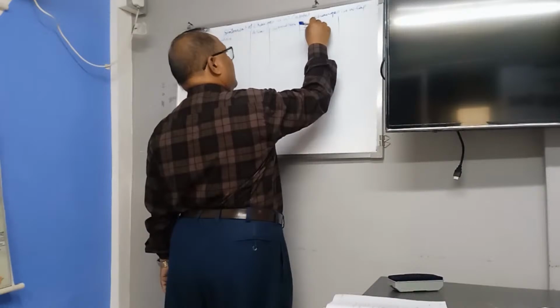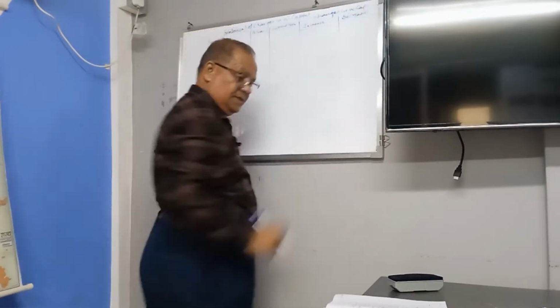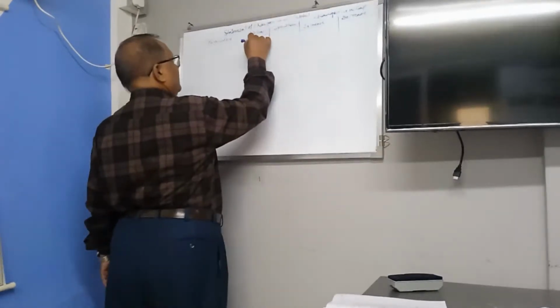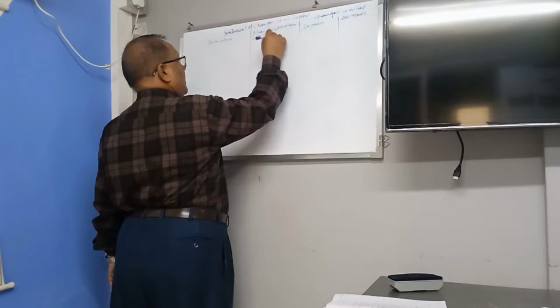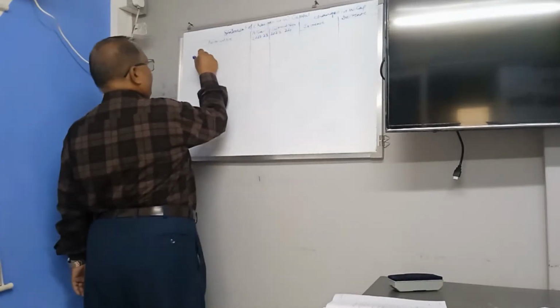Increase, decrease. So the years are given to us. The year will be, I'll take here 23-24. Like this.